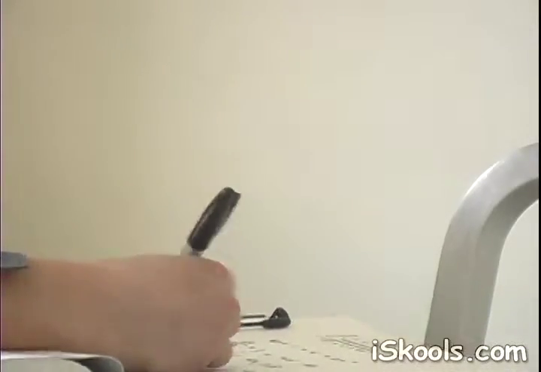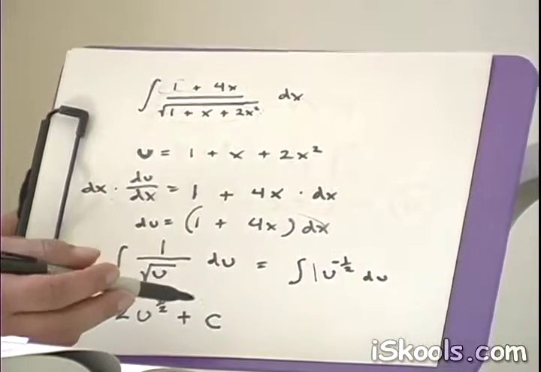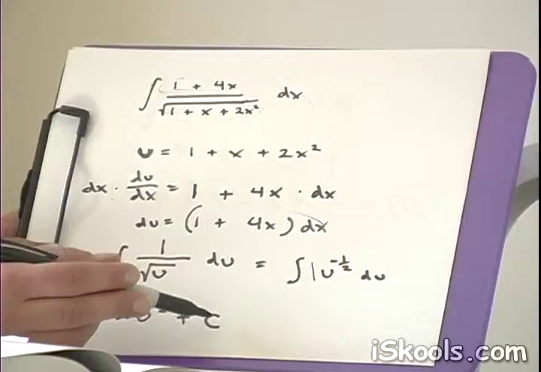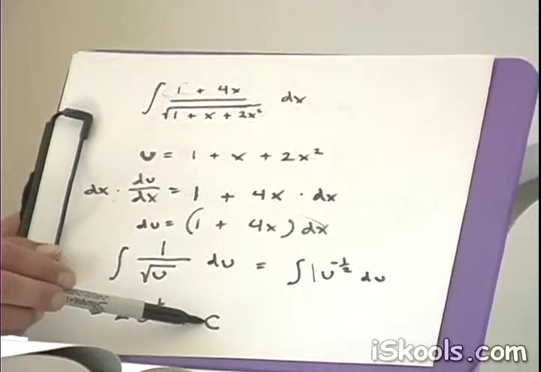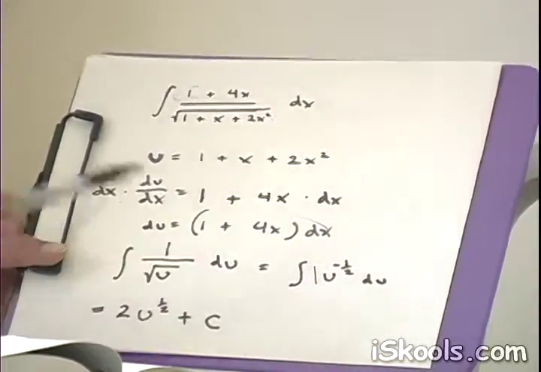But then I have to write a plus c because it's possible that there could have been a constant here. Even if the constant were 0, it's possible that it could have been here in the antiderivative, because when you take the derivative of that constant, it would equal 0. So it would equal this final derivative.